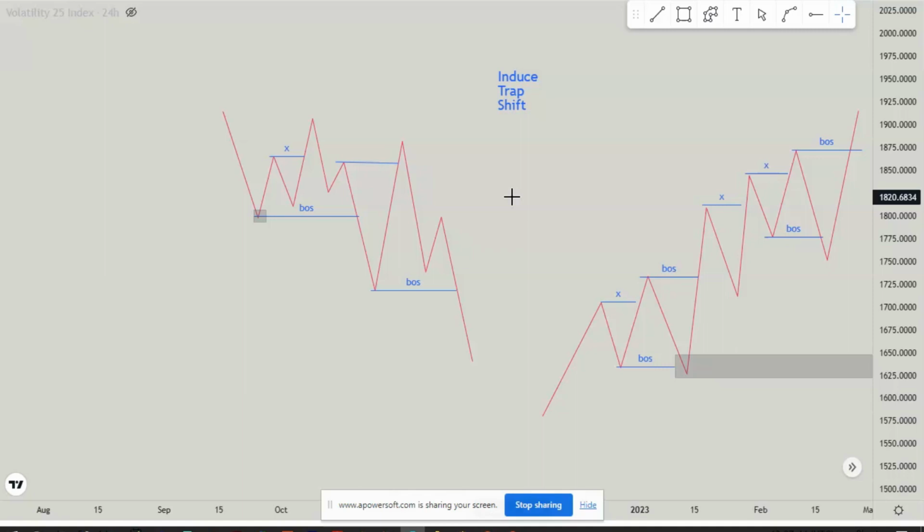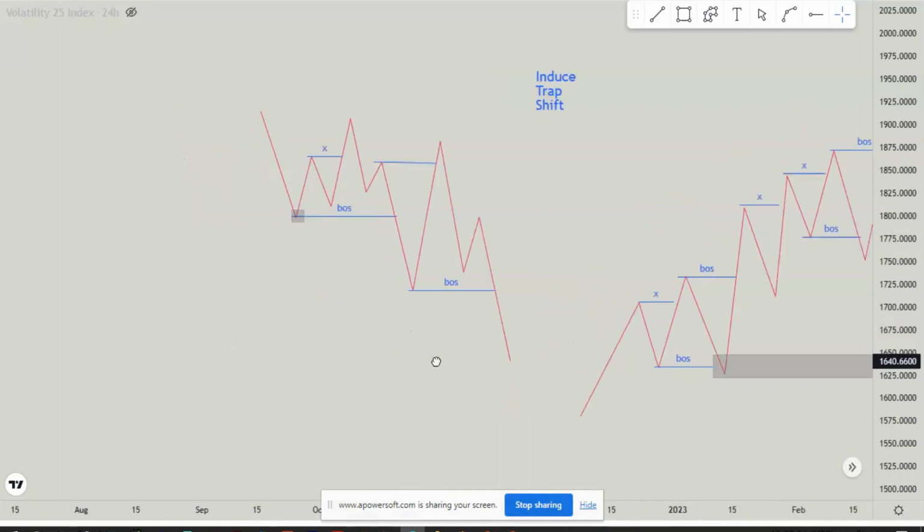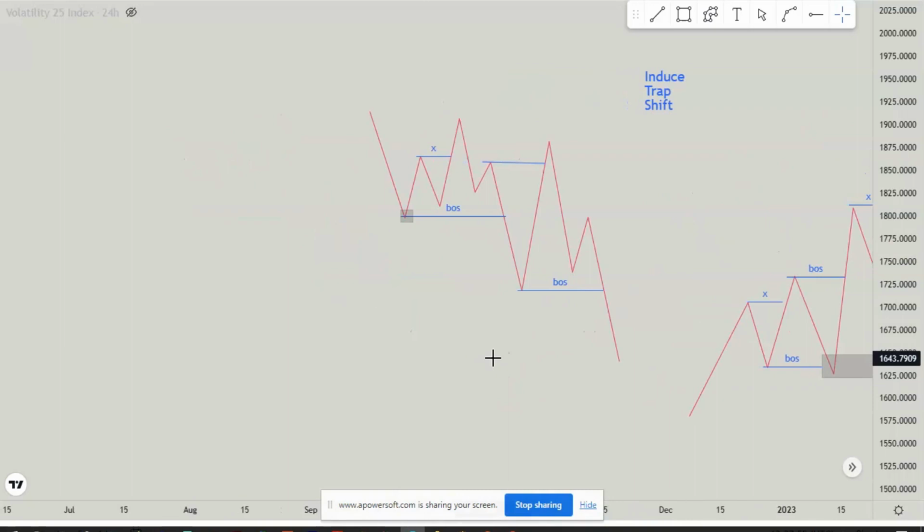And now, by the illustrations that we're seeing here, the complex market structure. This is for the bearish, and this is for the bullish. I always want to start with a simple market structure. For the simple market structure, it helps us, it's like for the beginners. It's the basics.